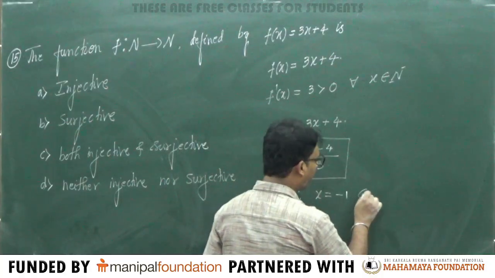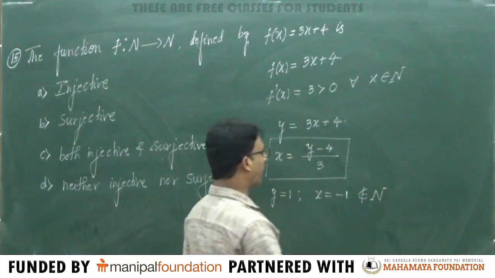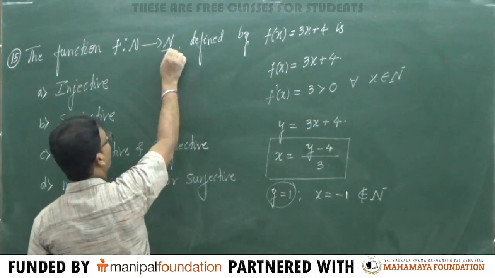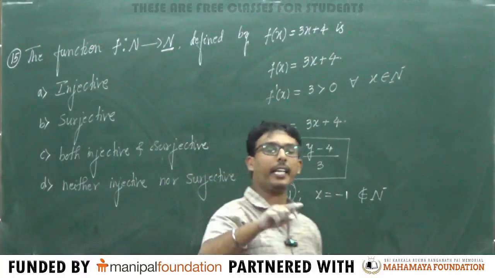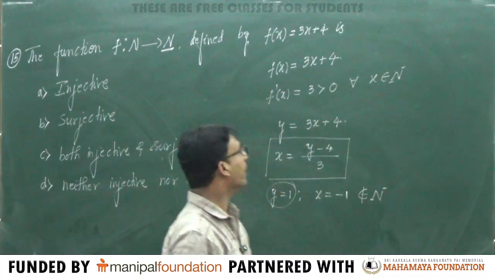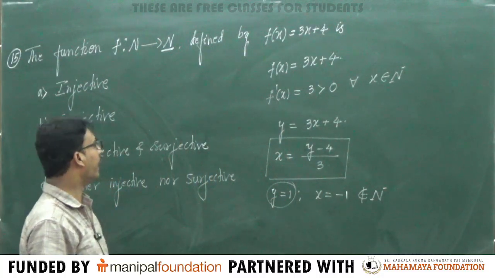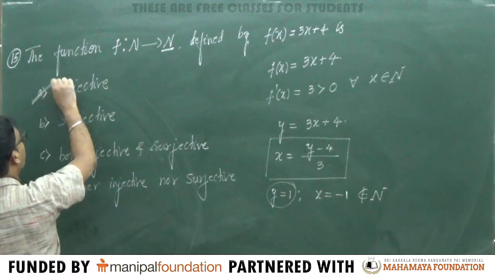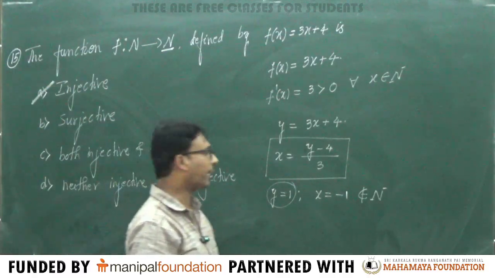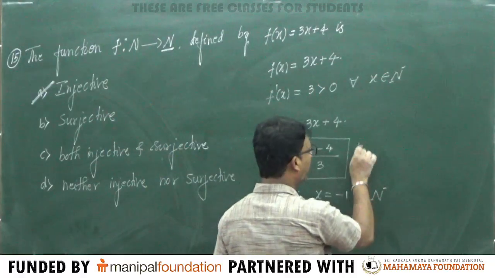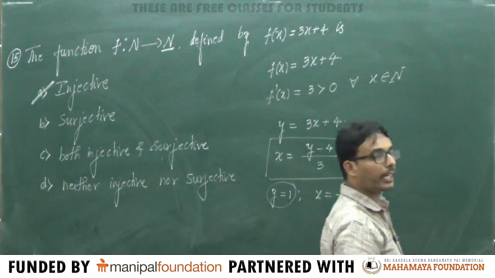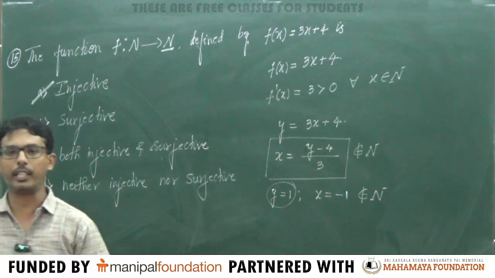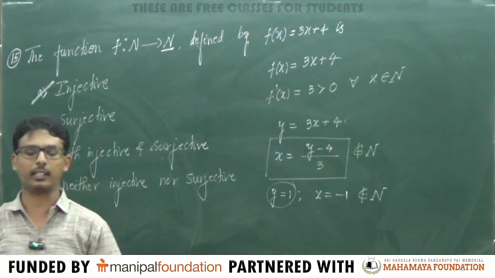This is not present in the set of natural numbers. That means 1 present in the codomain set is not an image of any element of the domain set. Therefore, the given function is a one-one function but not an onto function. The answer is this function is injective but not surjective, because this expression does not belong to N for each value of y present in the codomain set.